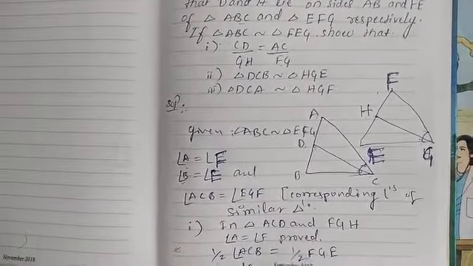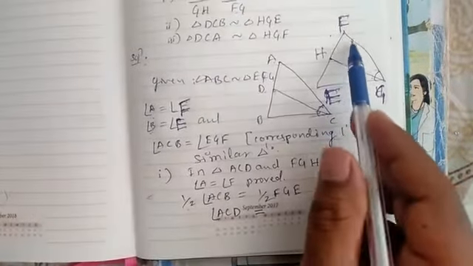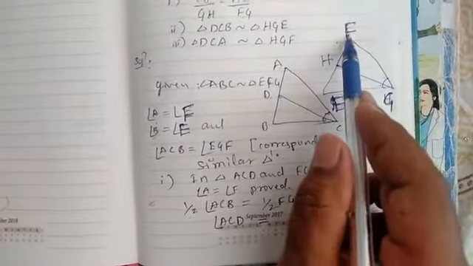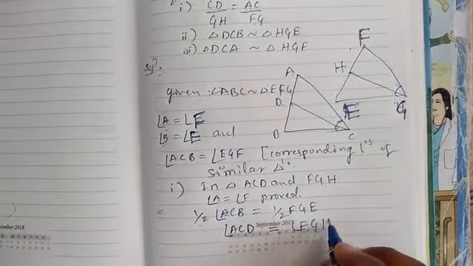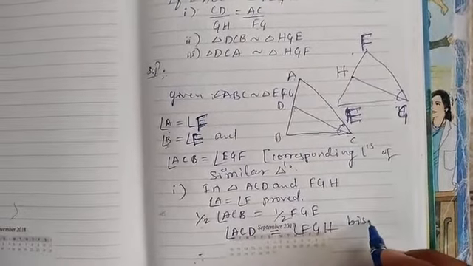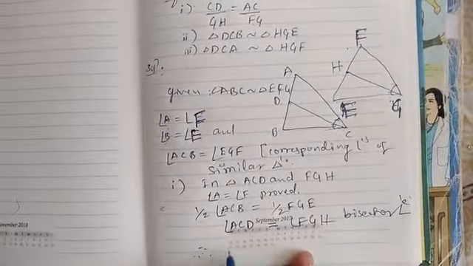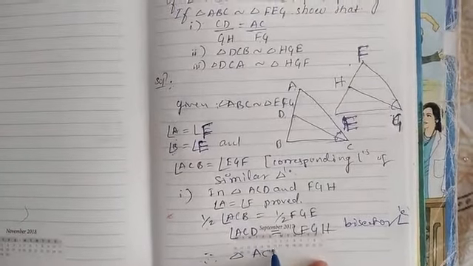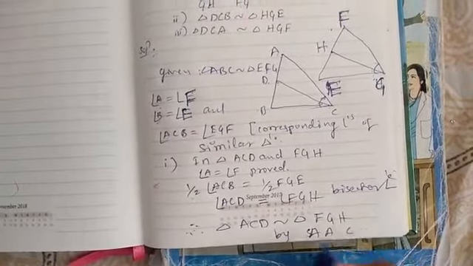Angle ACD is equal to half of angle FGE, which means angle FGH. So two angles are proved, because you have to write bisector angles. Therefore triangle ACD is similar to triangle FGH, by angle criteria.